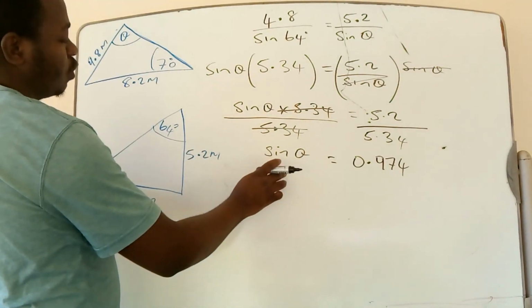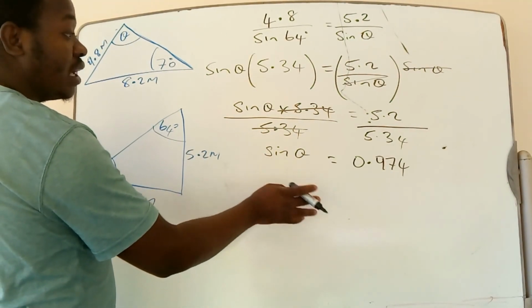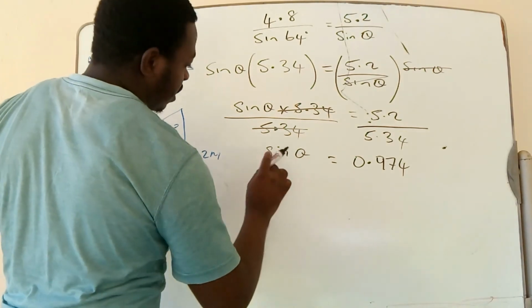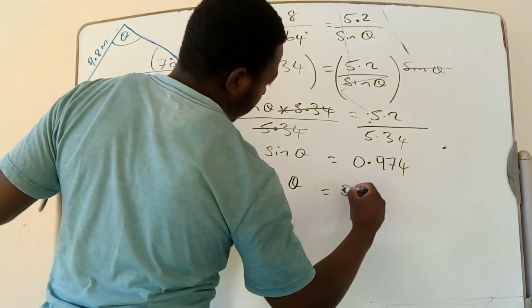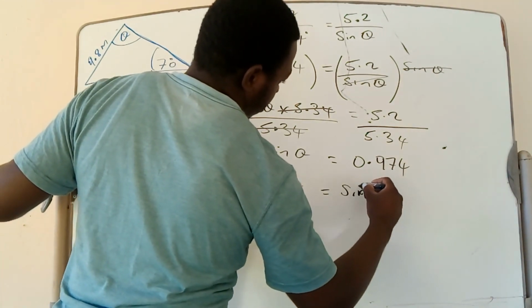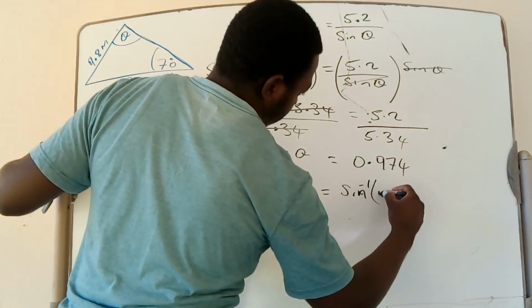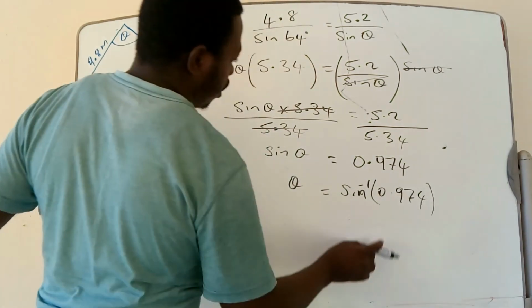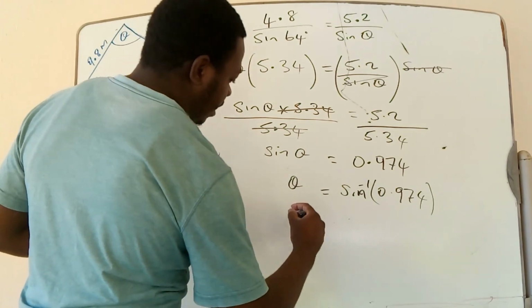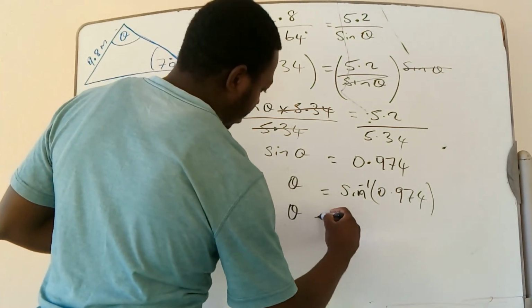Then what do you need to do to find theta? Take sine inverse of both sides. So if you take sine inverse of this side, you're left with theta is equal to sine inverse of 0.974. Put this side on your calculator and you find the value of theta.